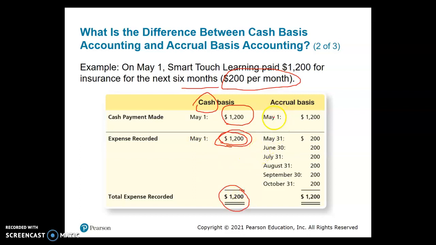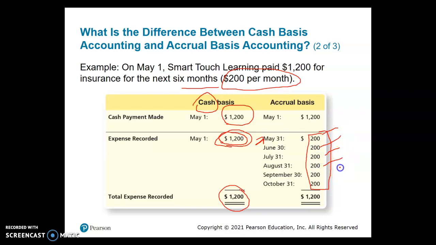Now, in comparison, look at the expense for May under accrual, $200, because we've only used up $200 for the month of May. It's $200 a month for 6 months. You see, the difference is this $200, if we're using the accrual basis, it's spread out over 6 months.